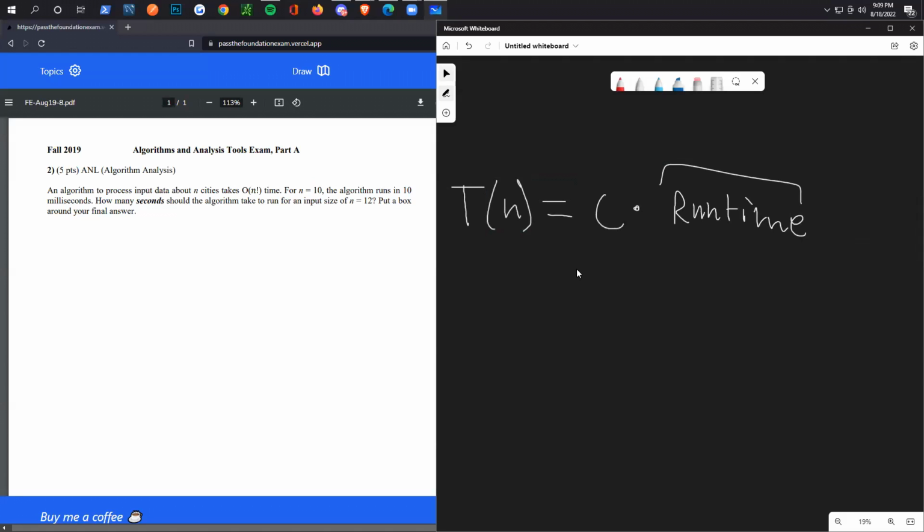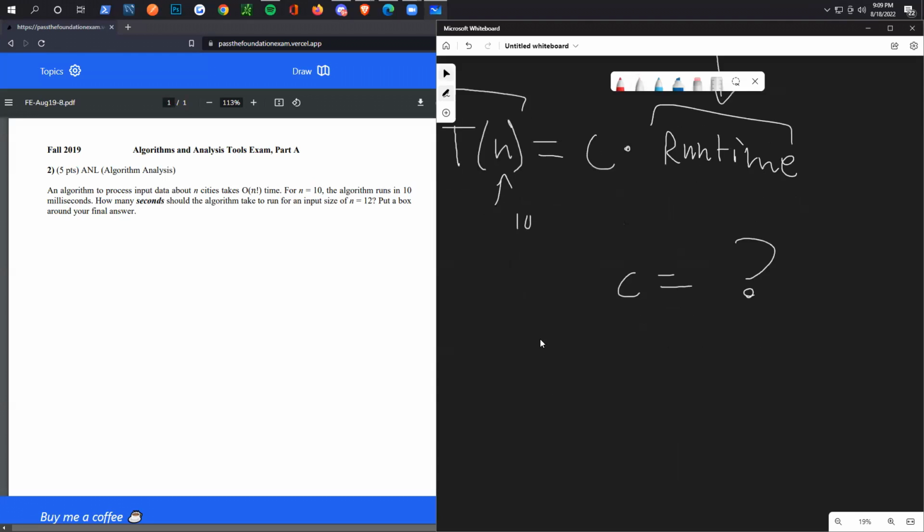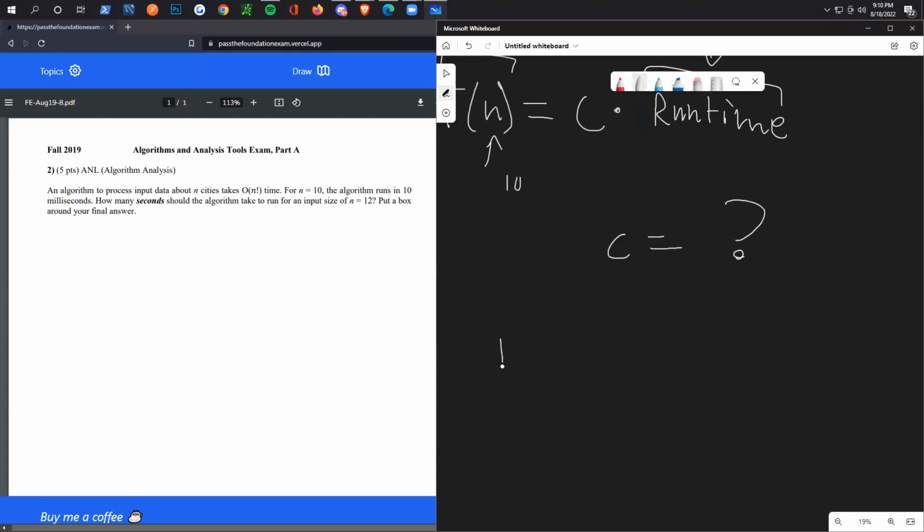So what the process typically follows is you plug in the numbers. You plug in the timing that they give you, and then the runtime, and you plug in n, let's say this is 10. You plug in 10 for whatever's in the runtime. You end up isolating C, so C equals something. After you find your C, you just use your new n, your second n. In this case, your second n would be 12.